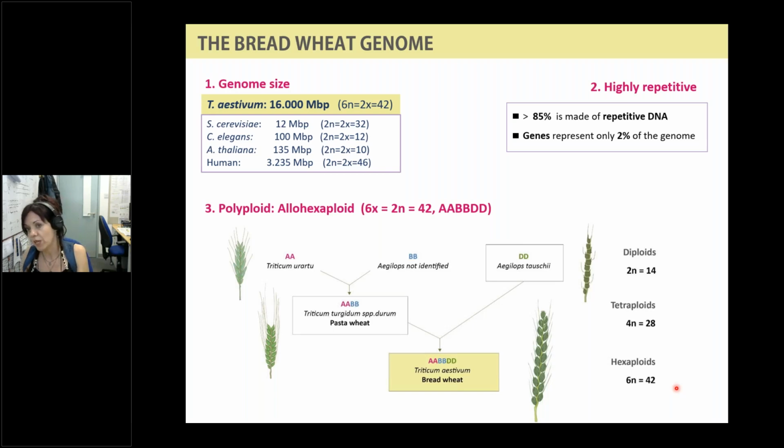And one of the biggest challenges, if not the biggest, faced by a new polyploid is precisely meiosis, particularly how to discriminate between the multiple related chromosomes so that only homologs recombine.